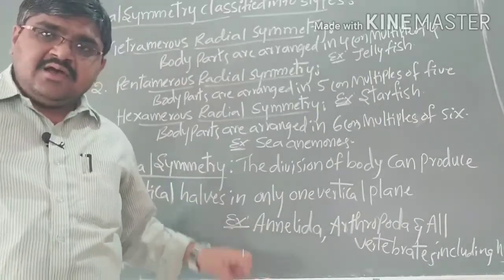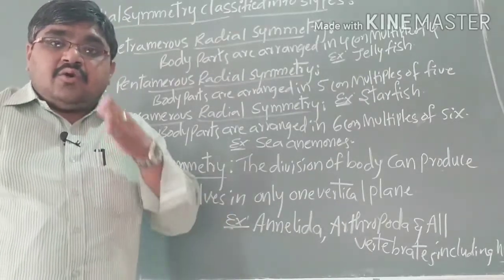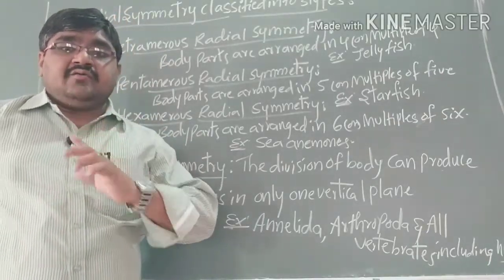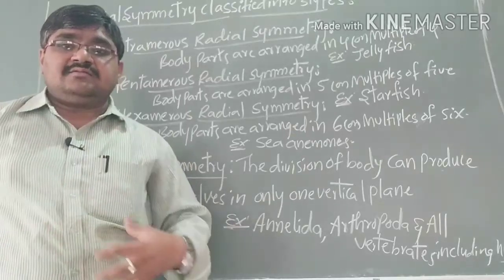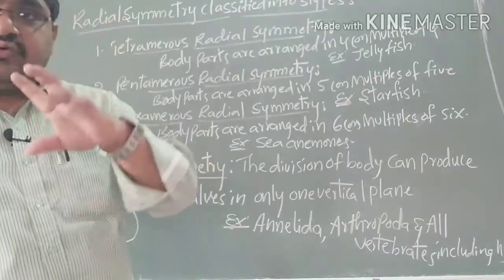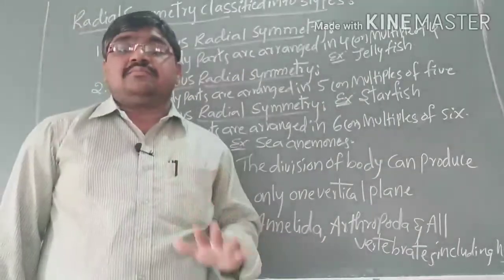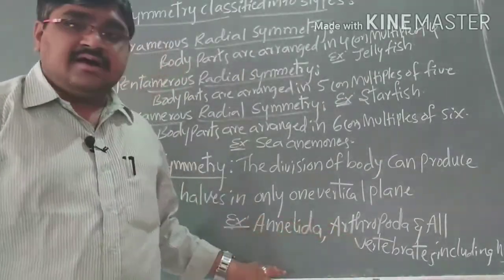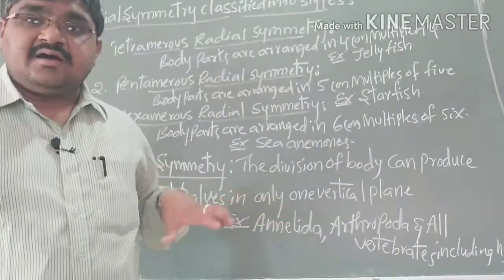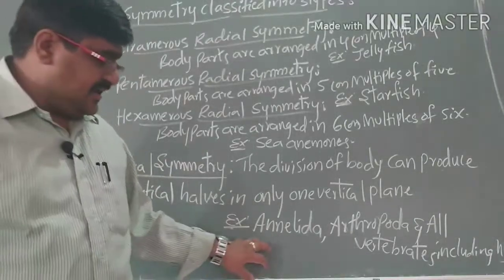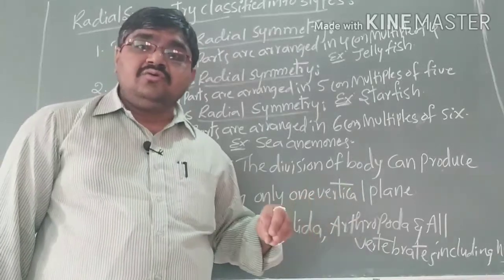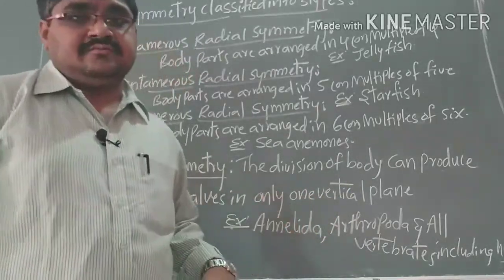But in bilateral, when you cut the organism in only one vertical plane, we are getting two equal identical halves. So this type of symmetry is called bilateral symmetry, which we can see in annelids, arthropods, and all vertebrates, including humans also.